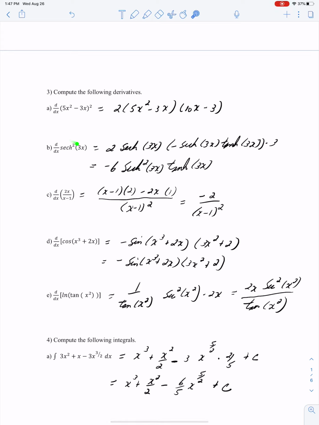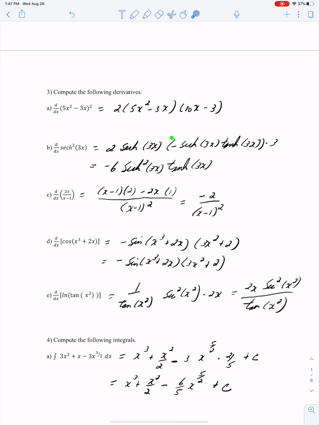All right, the next problem is a little more complicated. The derivative of the hyperbolic secant squared of 3x. Chain rule again, this time the outside operation is sec squared. How do I differentiate that? 2 times sec of 3x. Then I have to differentiate sec of 3x, and the derivative of the hyperbolic secant is minus the hyperbolic secant times the hyperbolic tangent.